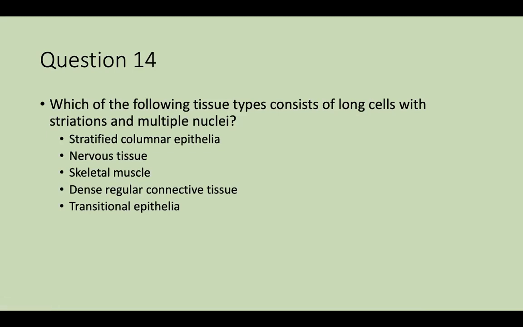Muscle cells are all really long, some longer than others. If there's striations, you know it's not smooth muscle. I'm surprised I didn't put that as an option. And then multiple nuclei: skeletal muscle is the one that has multiple nuclei and striations.